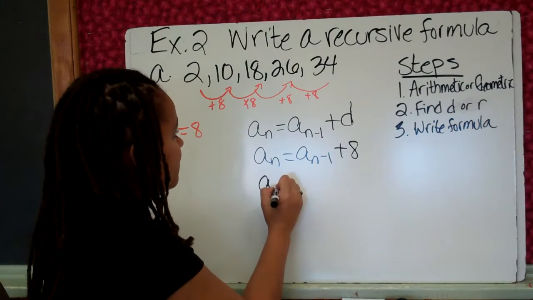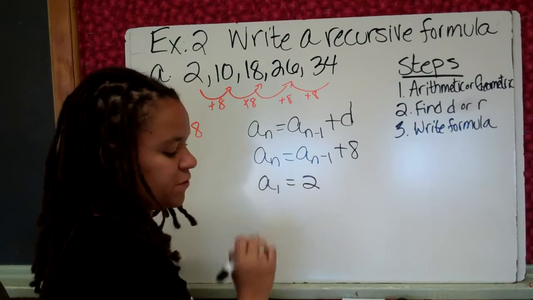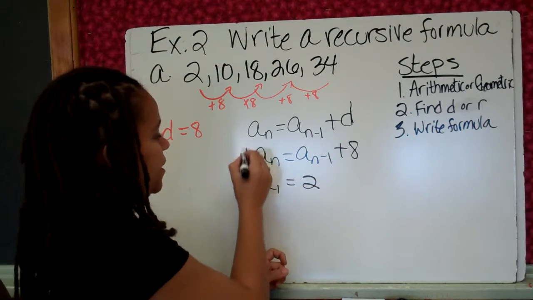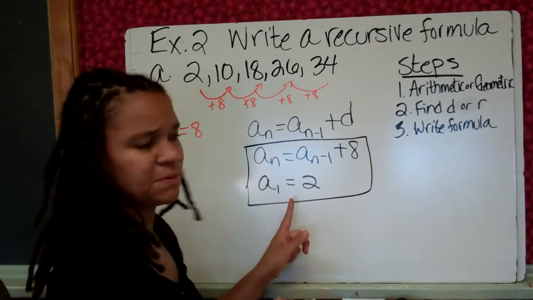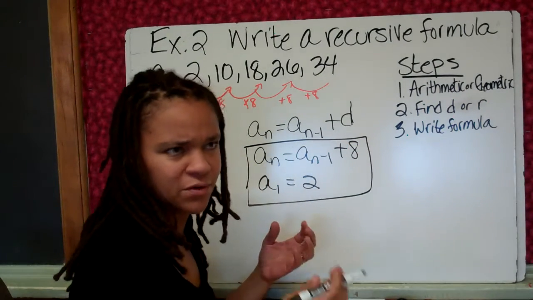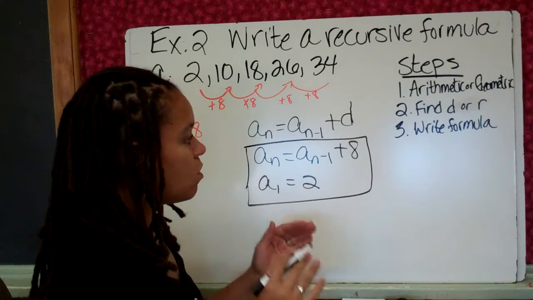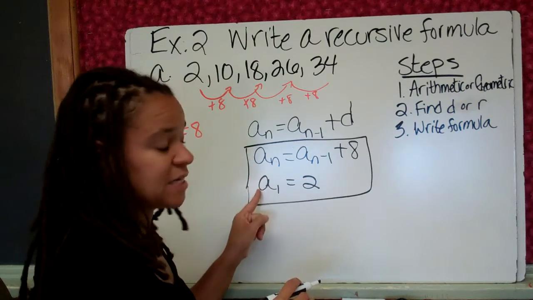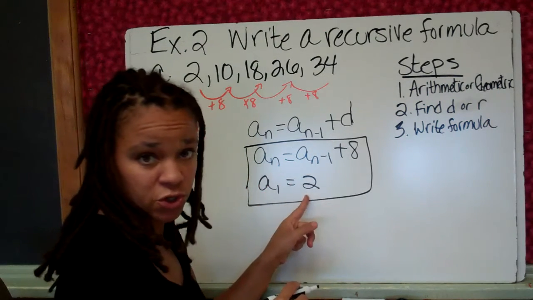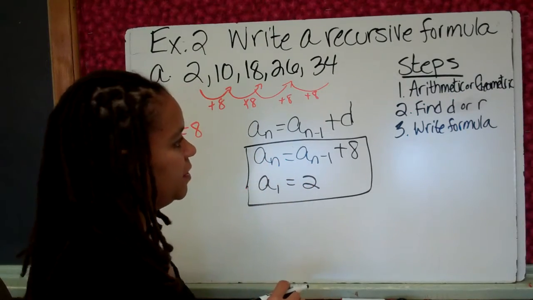But you also have to tell them what the first term is. Your final answer has to include both, because you can't find the next term if you don't have the first term to start with. So always when writing recursive formulas, you must have two pieces: the initial term and the formula.